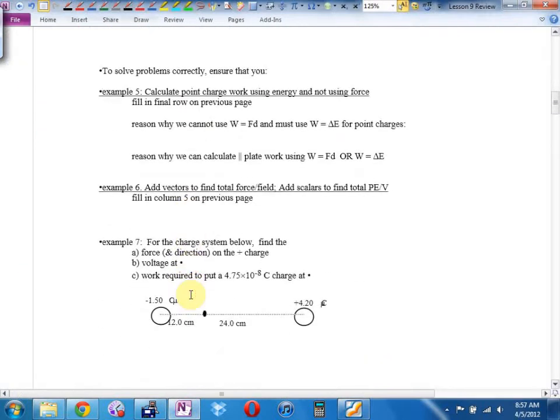So to solve problems correctly, make sure that you calculate the point charge work using energy and not using force, because force is changing. It says fill in the final row on the previous page, we already did. Why can't we use force times distance? Force is not constant between point charges.